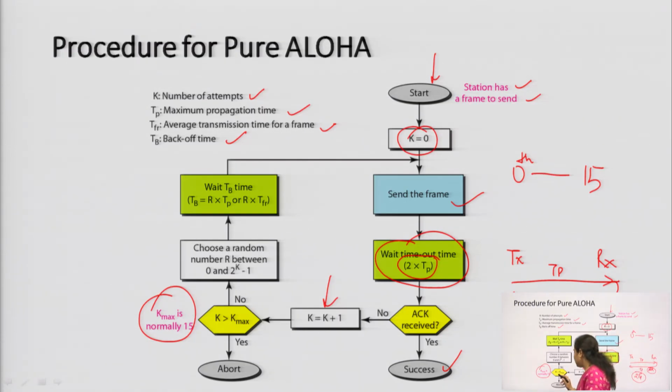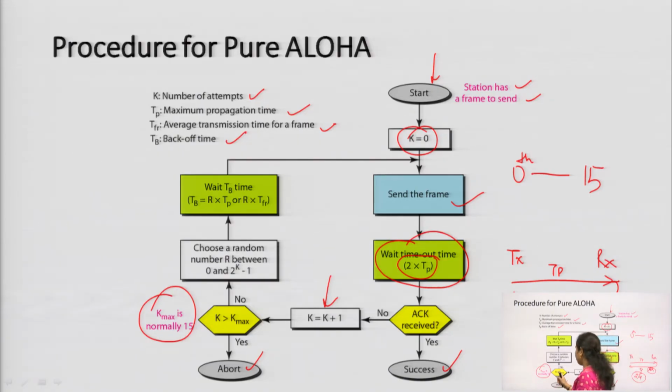Then check whether K is greater than K max; the number of attempts should not be greater than 15. If it is, then you have to abort, meaning you delete the ID of the transmission.